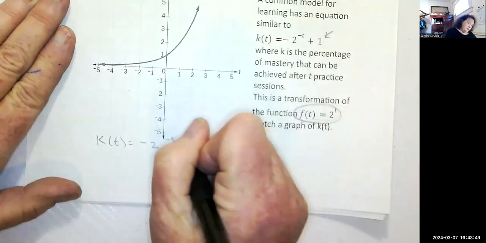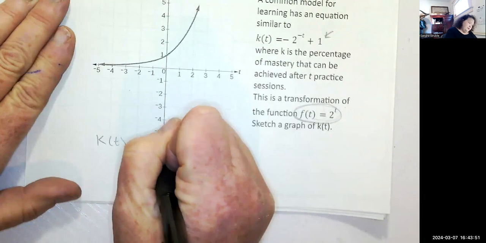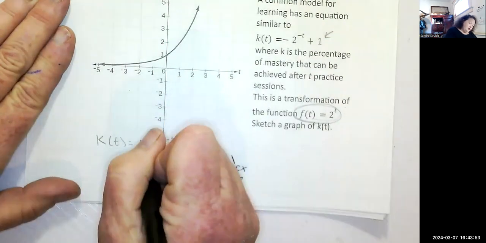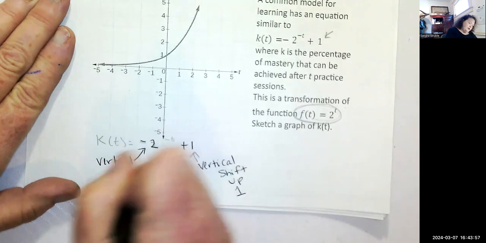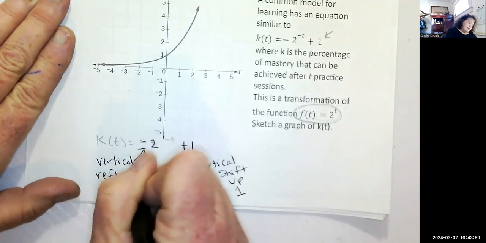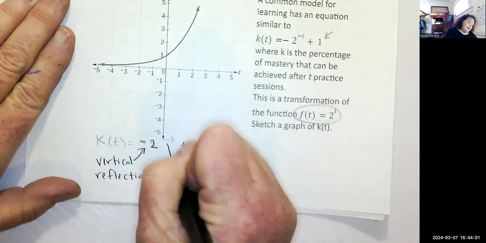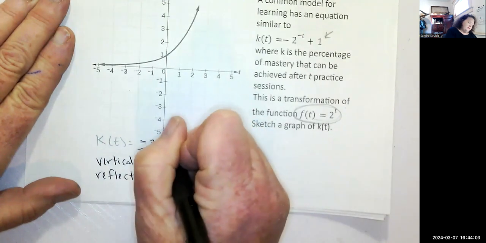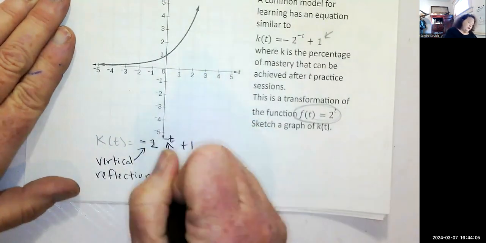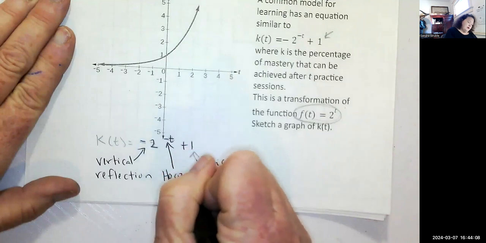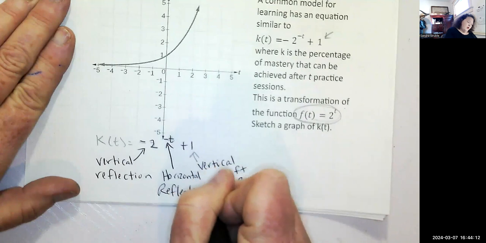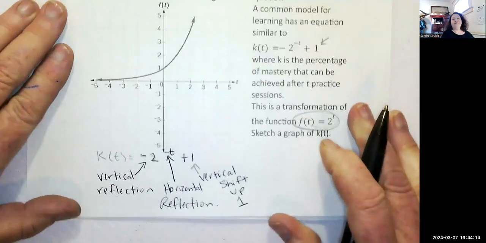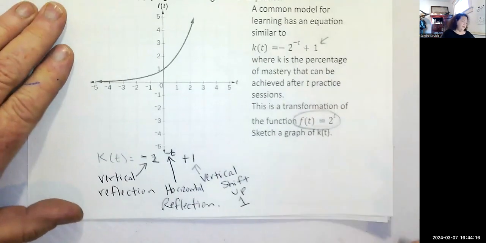Okay, that's the plus 1. The -2 is a vertical reflection, and the negative for the t is a horizontal reflection. All right, so this is what we're going to do.